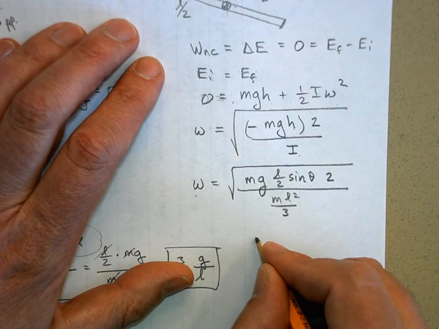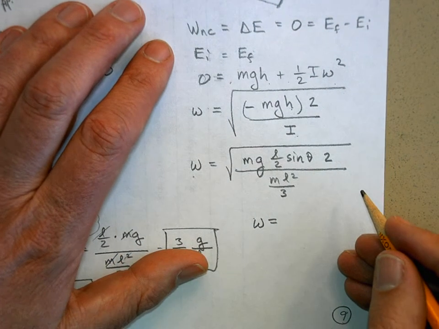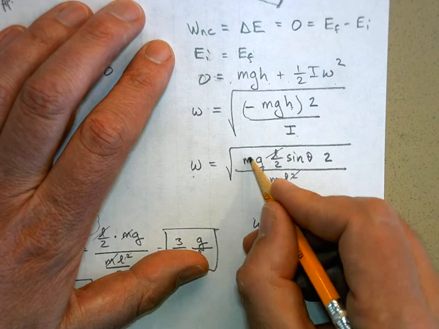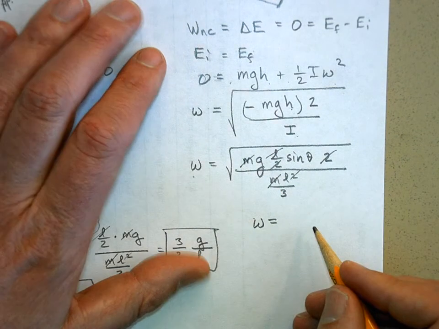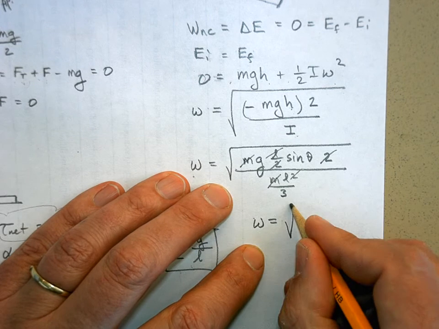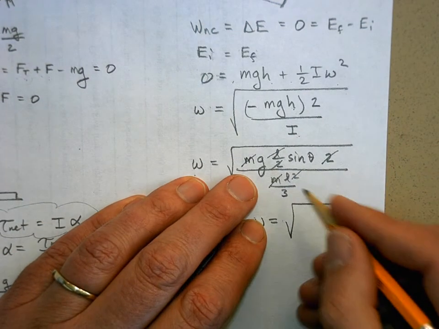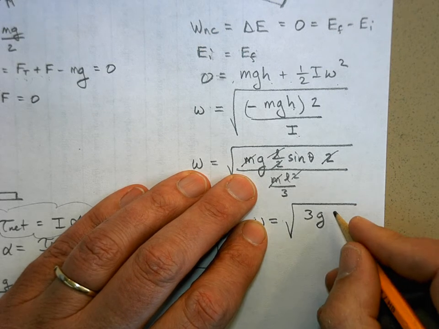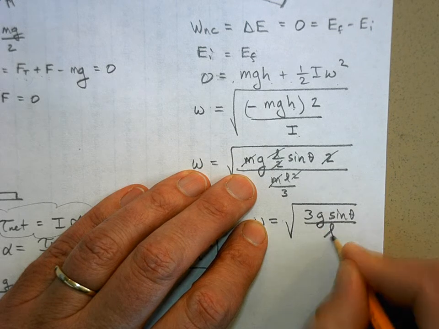So omega is equal to, okay, we've got an L canceling, an M canceling the M, and a 2 canceling the 2. And what have we got? The square root of 3g sine theta over L. And that's our answer, isn't it?